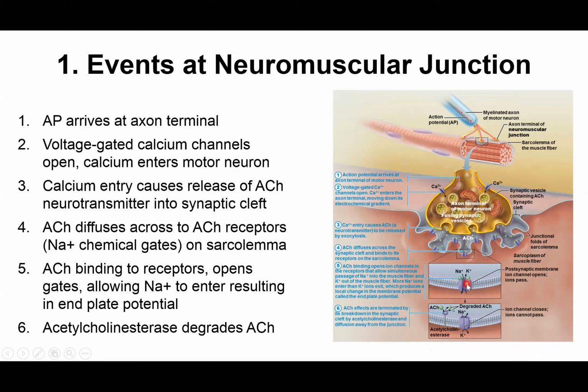And so in order for that to happen, we have an enzyme called acetylcholinesterase that's going to come in and basically pluck acetylcholine off of this receptor, break it down, and recycle part of the acetylcholine. And then the rest of the acetylcholine, say we have more acetylcholine just hanging out here in the synaptic cleft, essentially what's going to happen is that acetylcholine is just going to diffuse away.